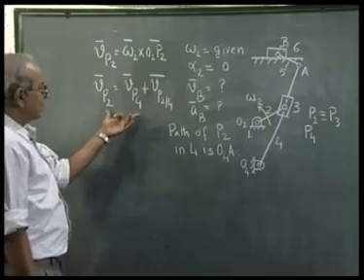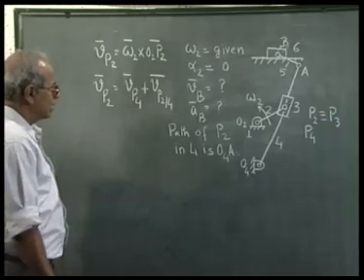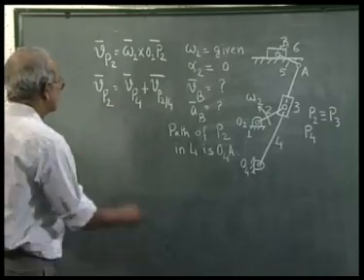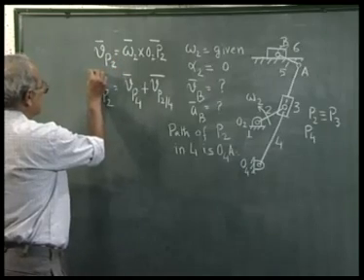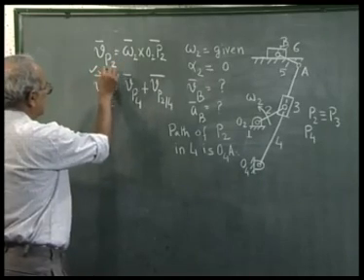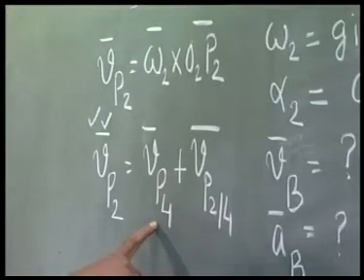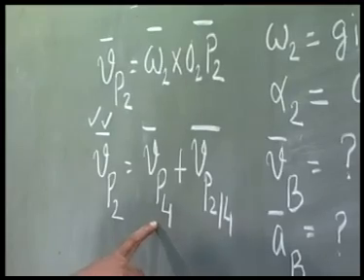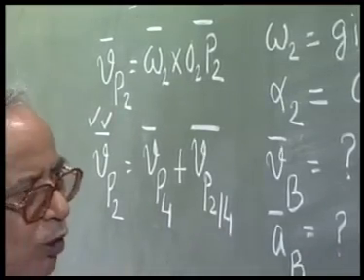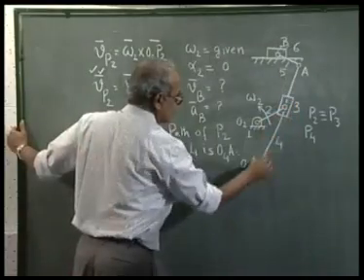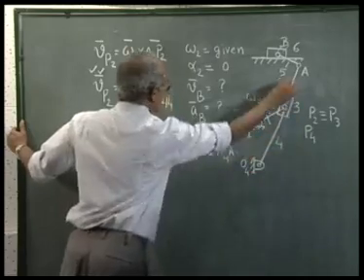Now, let me see in this vector equation what are the known quantities and what are the unknown quantities. Velocity of P2 is completely known, so I know its magnitude and its direction. But velocity of P4, I do not know the magnitude, but I know the direction because that is perpendicular to O4 P4, that is perpendicular to this line O4A.